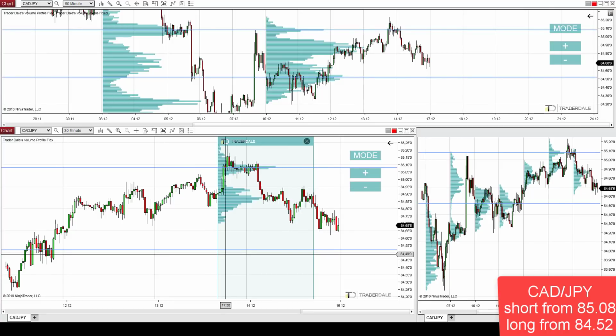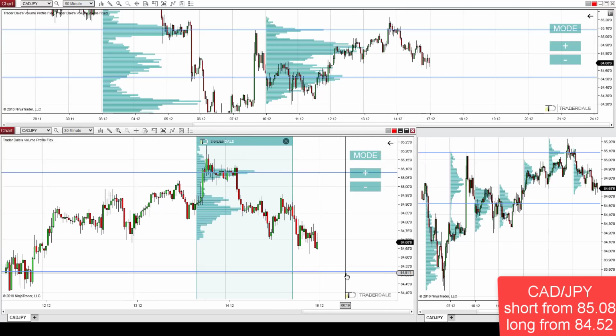Let's go into the Canadian dollar Japanese yen. There are actually two strong levels which I'd like to mention. There is a strong support and strong resistance zone. So let's start with the resistance zone. It's right there, and it's based on volume accumulation setup.